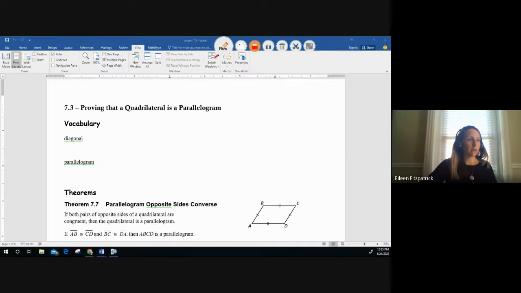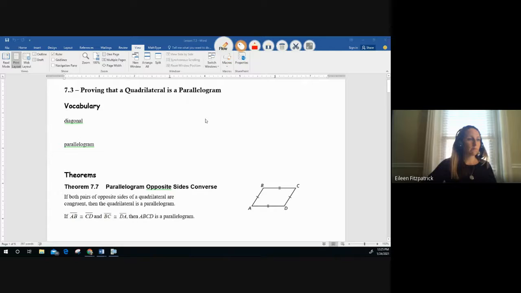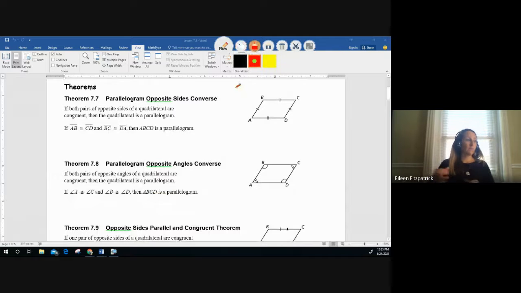Now jumping right into the theorems. So first we have the parallelogram opposite side converse. Again, this is the converse of the theorem that we learned in the last lesson. The last lesson said, if I tell you that this is a parallelogram, then you're allowed to conclude that opposite sides are congruent. This is saying that if you have a four-sided figure like we have here, and you know that opposite sides are congruent, then you can conclude it's a parallelogram.